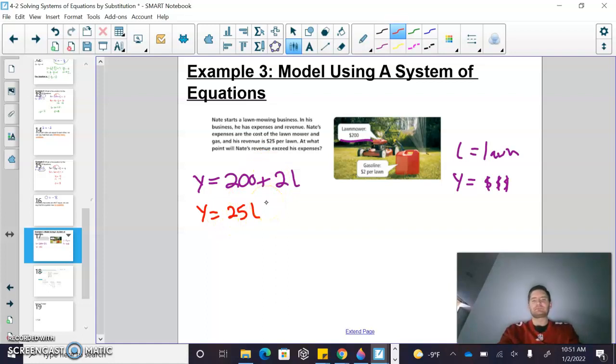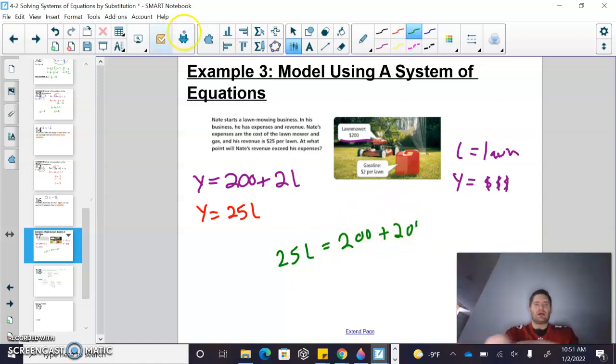So we're trying to figure out at what point Nate's revenue will exceed his expenses. The easiest thing to do is, since we've set both of these equal to money, we get 25L is equal to 200 plus 2L.